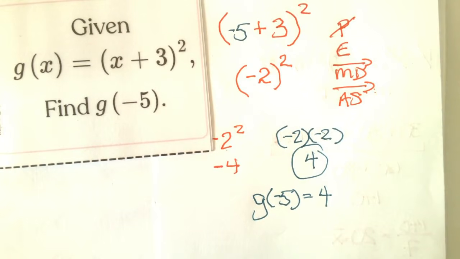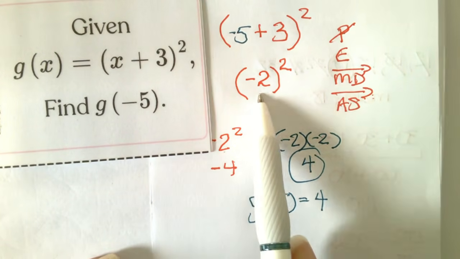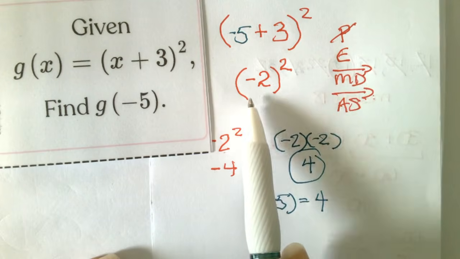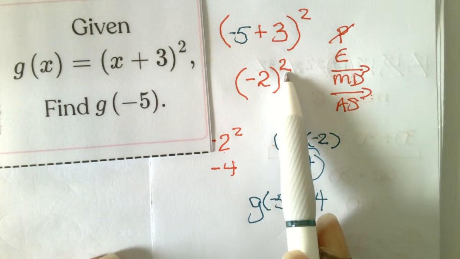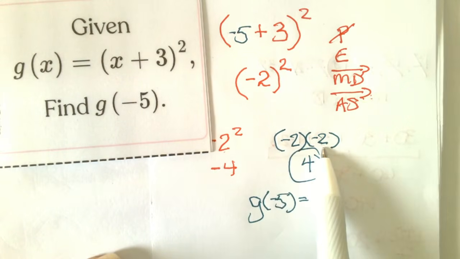Alright. How did I get the positive 4? Because you're multiplying a negative 2. So it's negative 2 squared, not negative 2 times negative 2. That means negative 2 is your base. The 2 here is your exponent. So the job of the exponent is to tell the base how many times it needs to multiply itself.